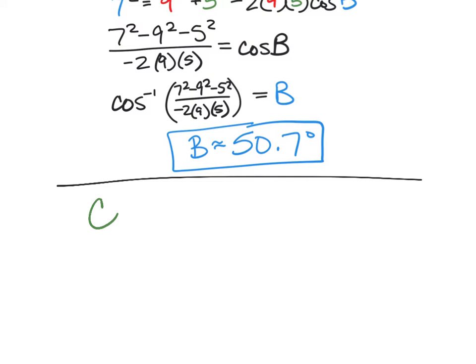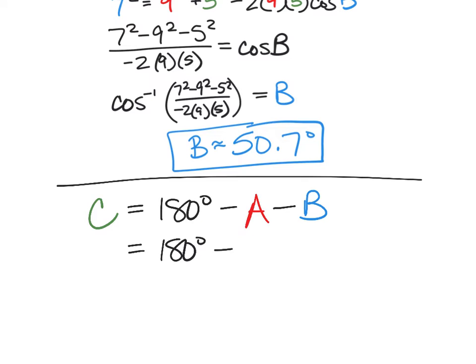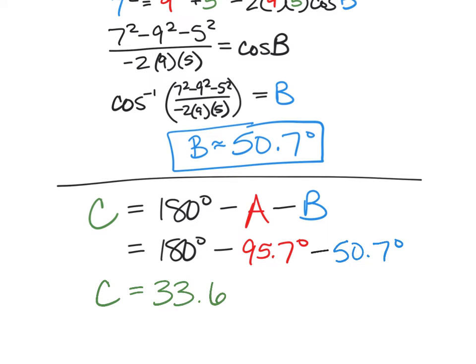So if I'm finding angle C, all I need to do is take 180 degrees and subtract angle A and subtract angle B. And that's super easy to do. So we're going to do 180 degrees minus 95.7 degrees minus 50.7 degrees. And we'd get that angle C is 33.6 degrees.